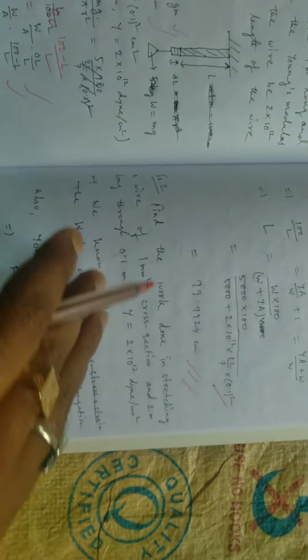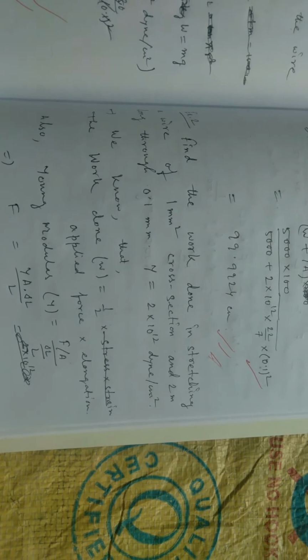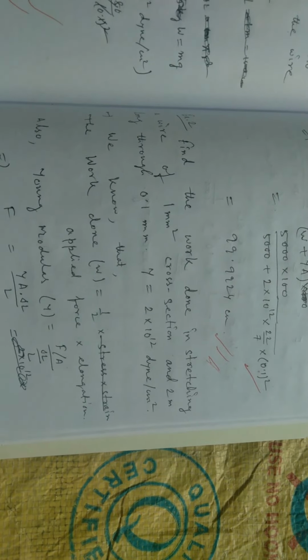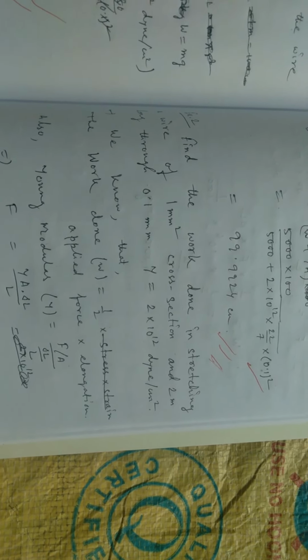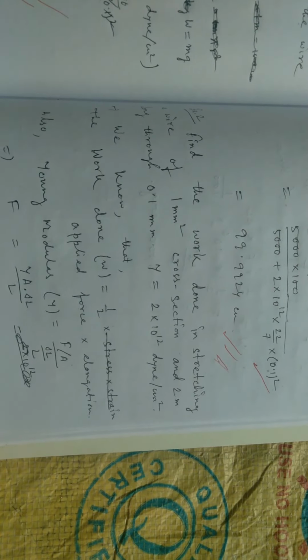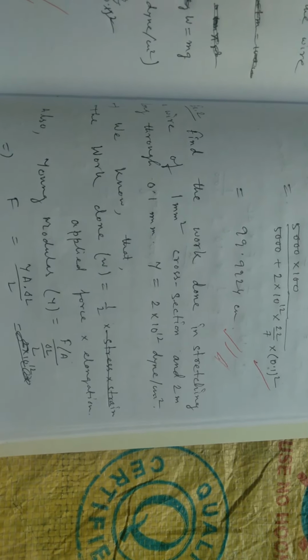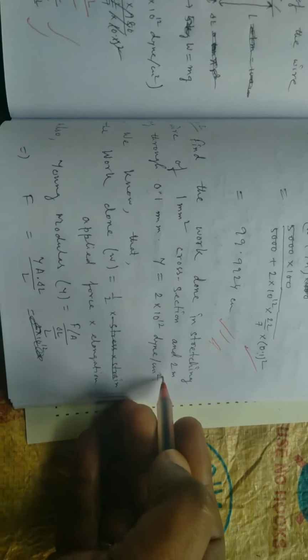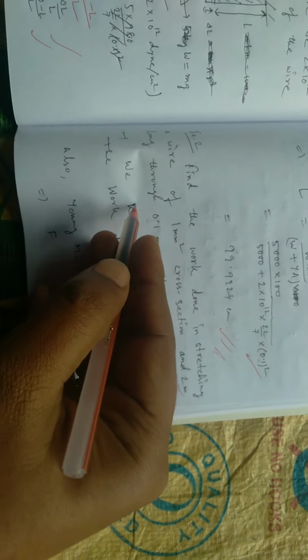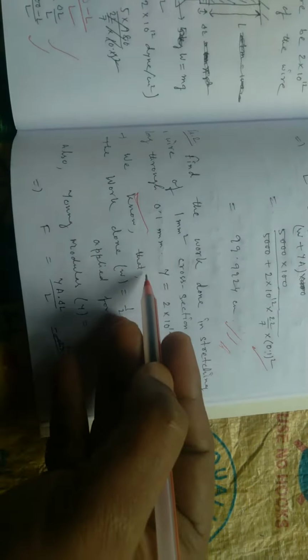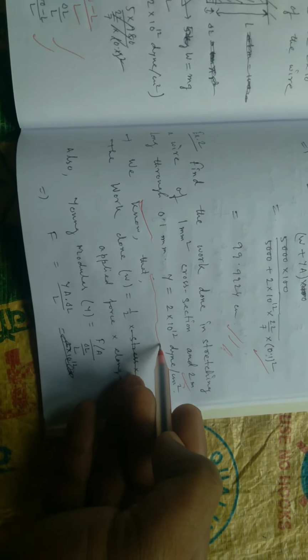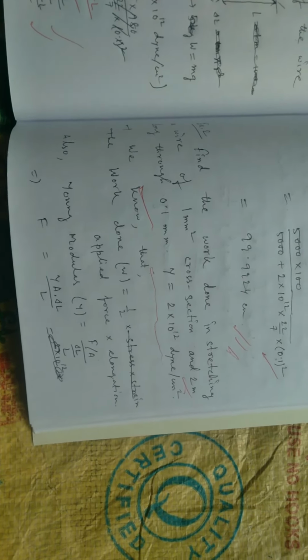Now the second problem: find the work done in stretching a wire of 1 millimeter square cross section and 2 meter length through 0.1 millimeter. So the length is 2 meters, the elongation is 0.1 millimeter, and Young's modulus is given as 2 into 10 to the power 12 dyne per centimeter square.